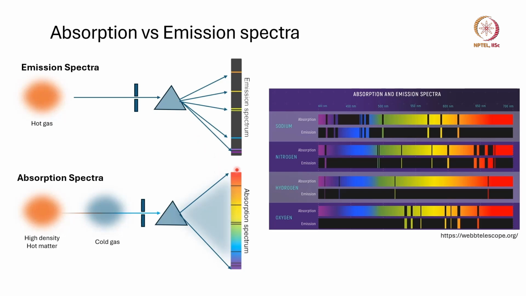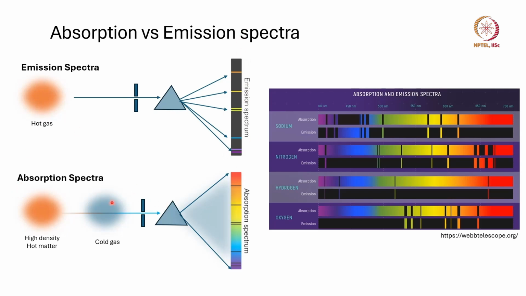This produces a line spectrum where the different wavelengths present in the light emitted by the hot gas form different individual discrete lines on the spectrum. Since only these specific wavelengths are present in the incident light, the rest of the spectrum appears dark.